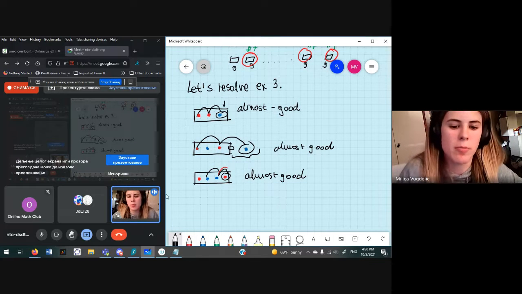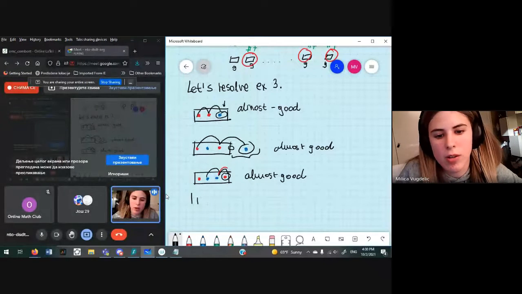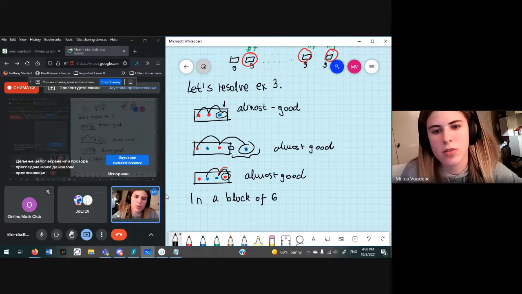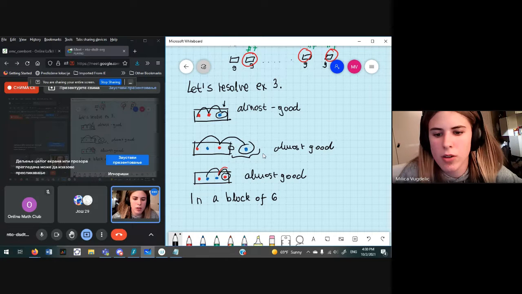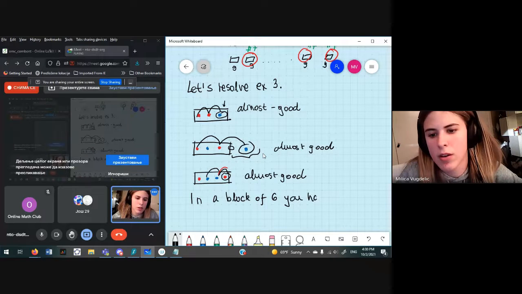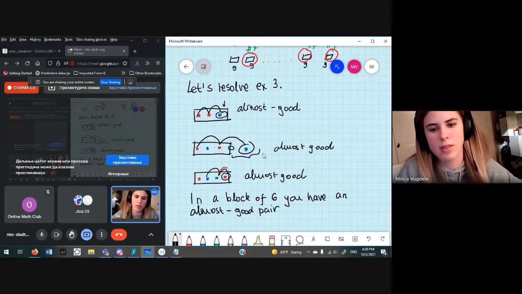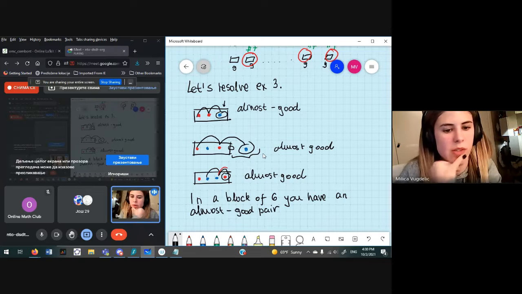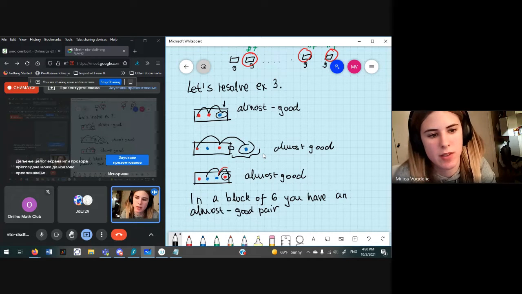So we could have solved the previous exercise by saying in a block of 6, we're just counting this expansion because you can go a bit further, you have an almost good pair. Is this clear? This is just us solving the previous exercise.